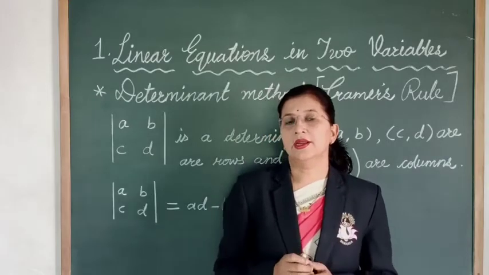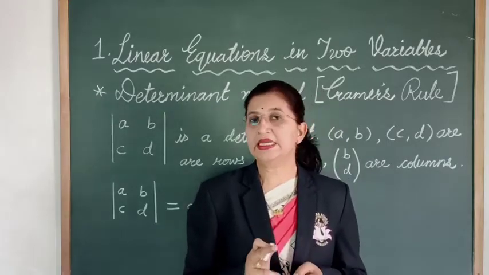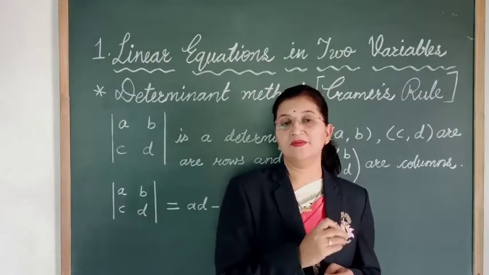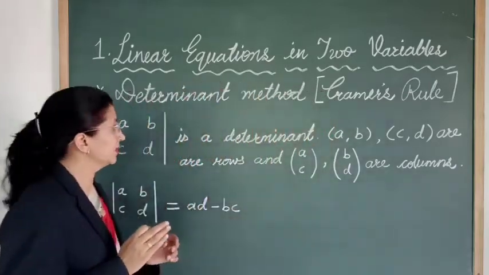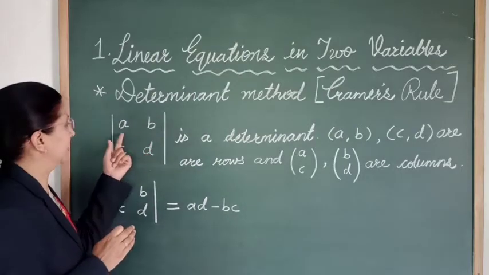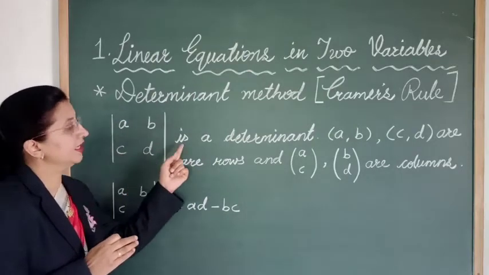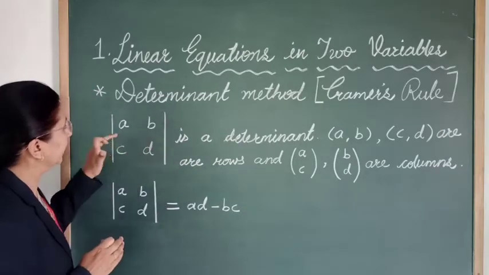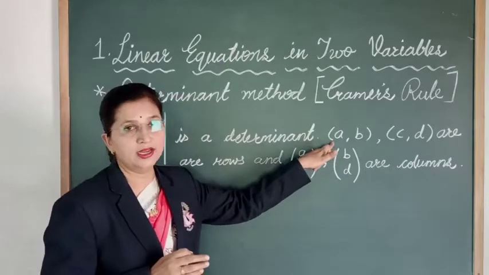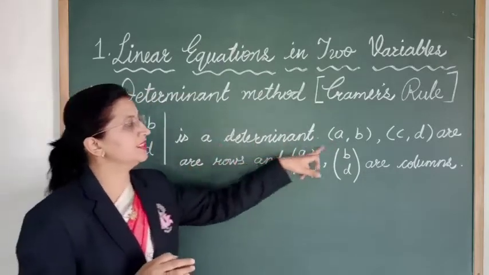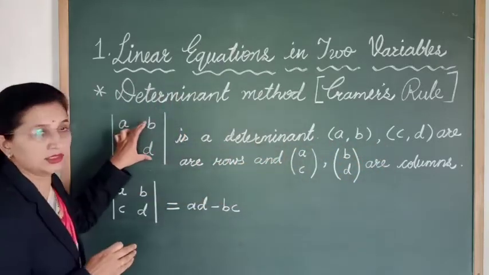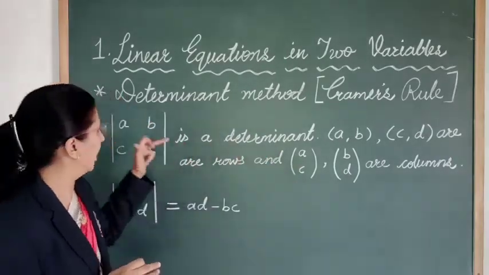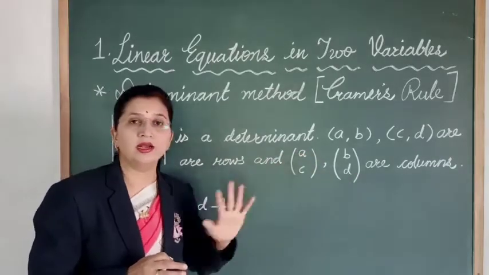Dear students, if A, B, C and D are four real numbers, and we write these real numbers in this way, that is a determinant. Here A, B and similarly C, D are the rows, while A, C and B, D are the columns.